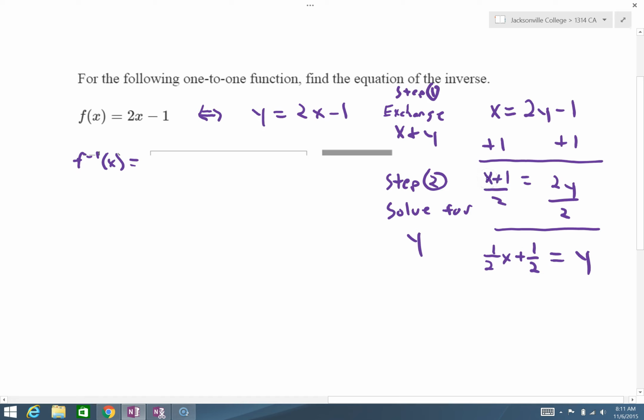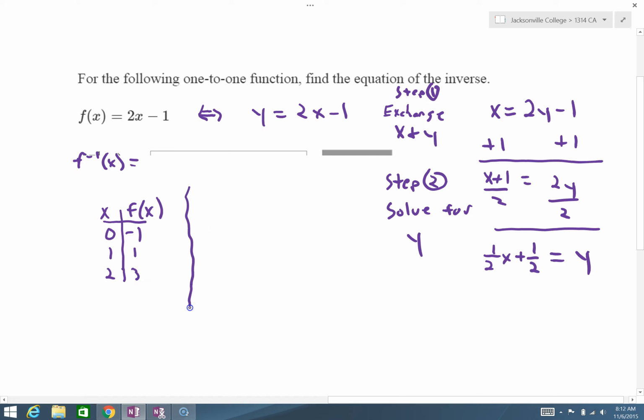I'm going to examine the tables for each of these. For my initial statement, x and f of x, in this table, 0 pairs with -1. If I substitute 1 in there, 2 times 1 is 2, minus 1 is 1. Let me substitute 2 in there. 2 times 2 is 4, minus 1 is 3.